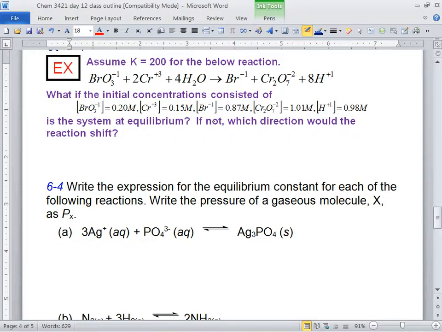We've got a lot of plugging and chugging to do here. You see that this is a Q problem, right? A reaction quotient problem.